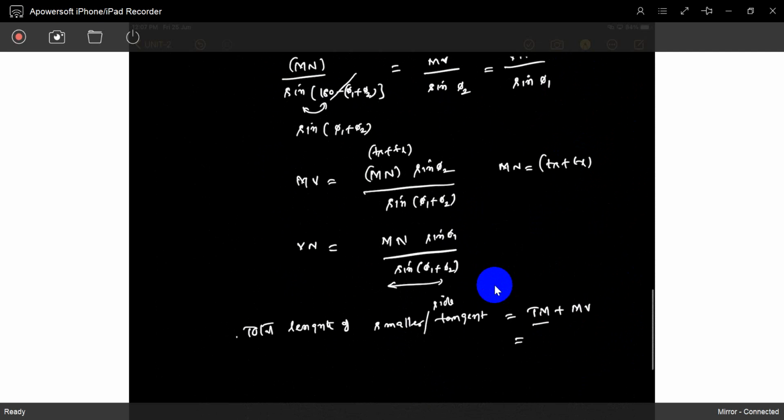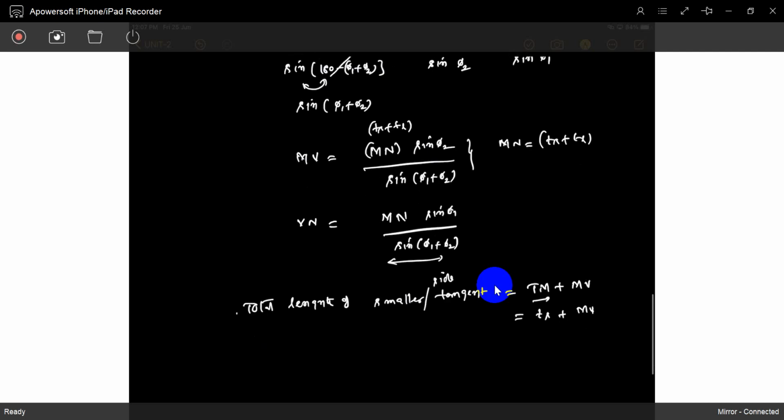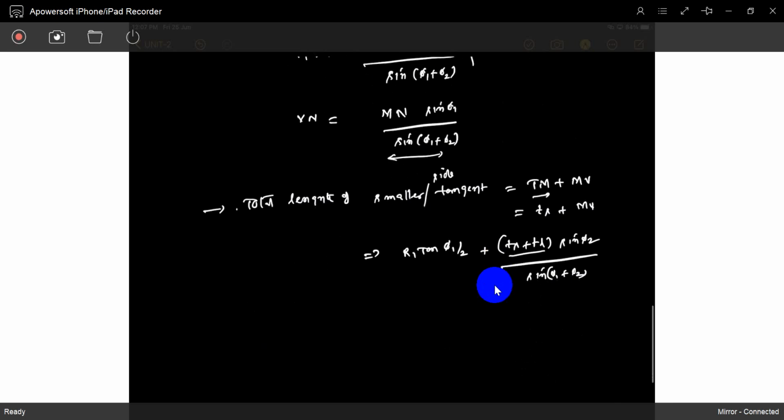We already called T1m, and mv we have calculated. So this is R1 tan phi 1 by 2. And what is mv? Mv is Ts plus Tl times sin phi 2 divided by sin phi 1 plus phi 2. That's it. This is the total length.